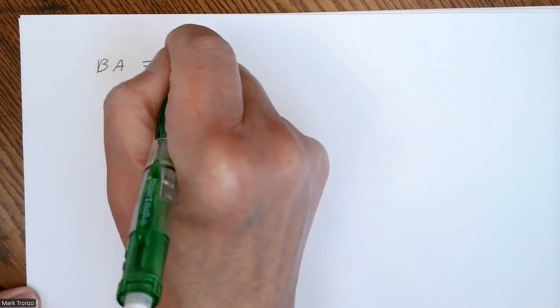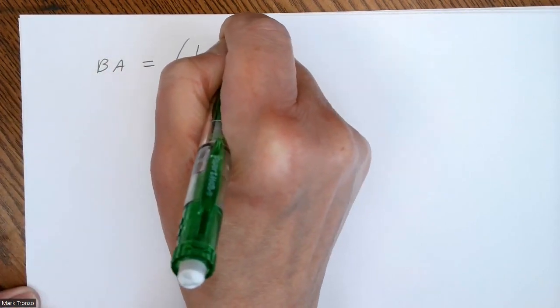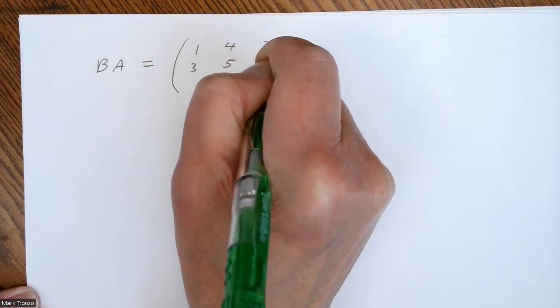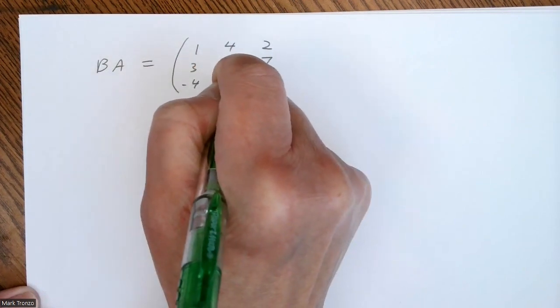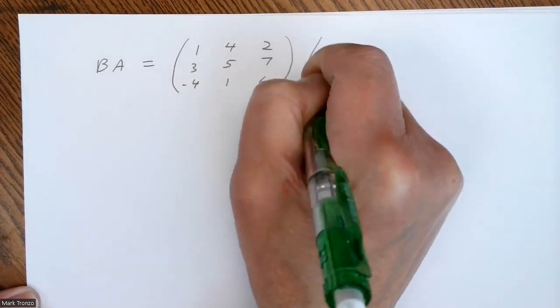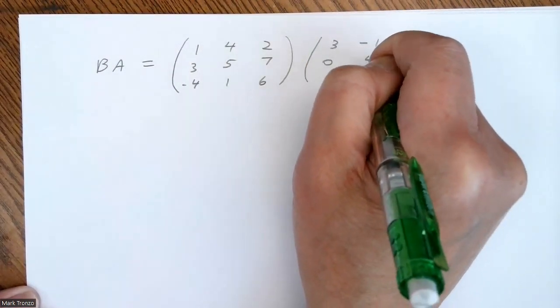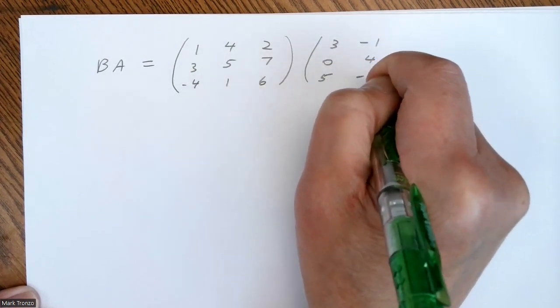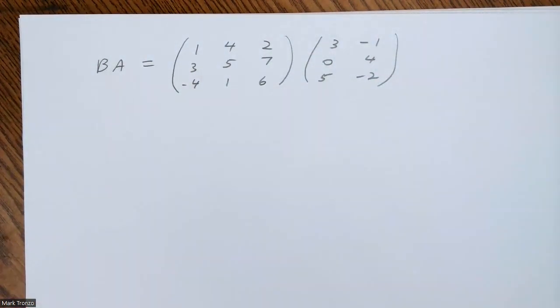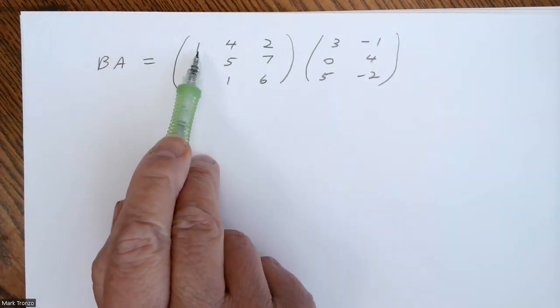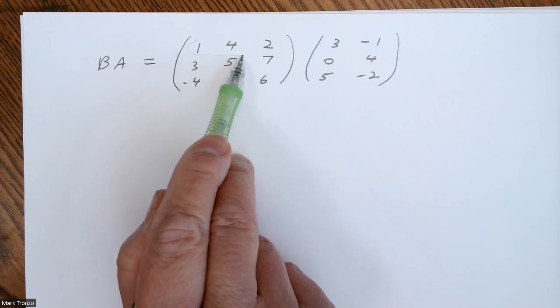So BA is going to be equal to 1, 4, 2, 3, 5, 7, -4, 1, 6 times A, which was 3, -1, 0, 4, 5, -2. So the question is, how do we multiply these? We always start with the left matrix, and first we'll focus on the first row.